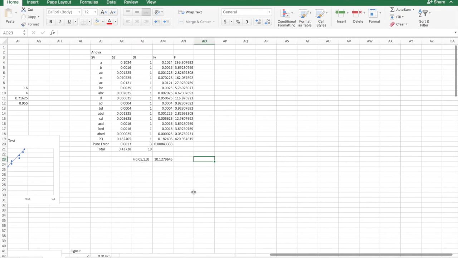And in here, with the correct F we check if this value is higher than this value, then we reject H0.